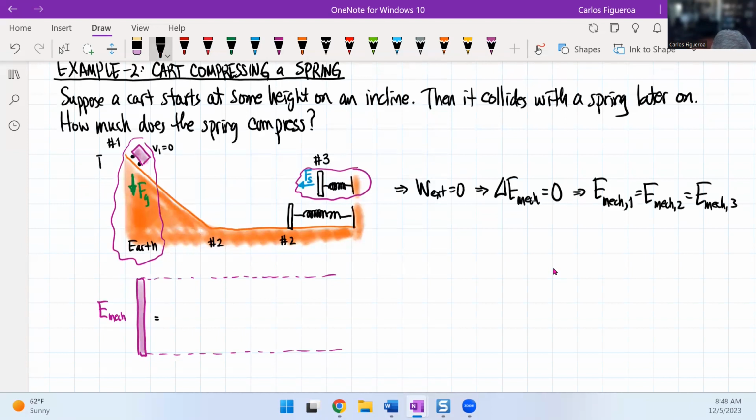So here I go. This cart starts off at some height y1, where we're going to say that this guy is a known height. Then the total mechanical energy, again, has to remain a constant. The total mechanical energy tells me that at this point, I only have the force of gravity right there.